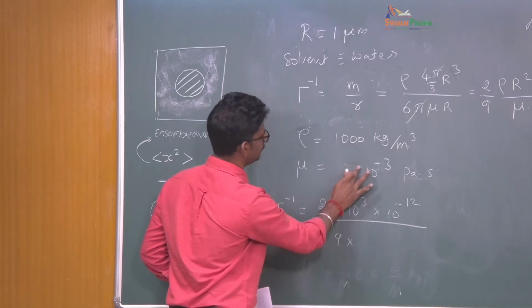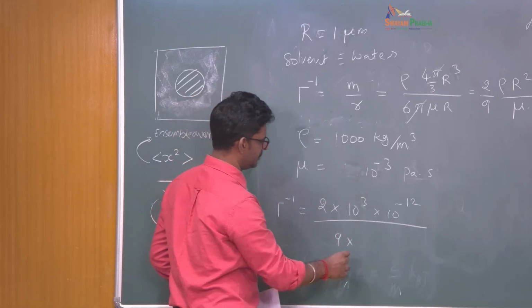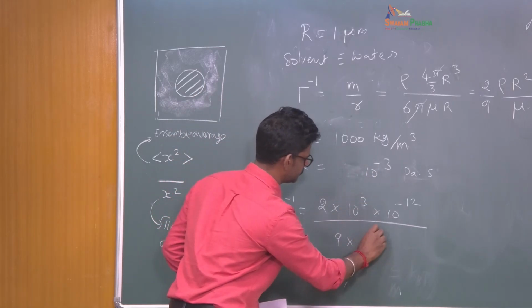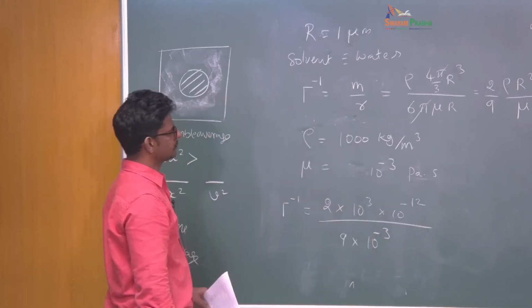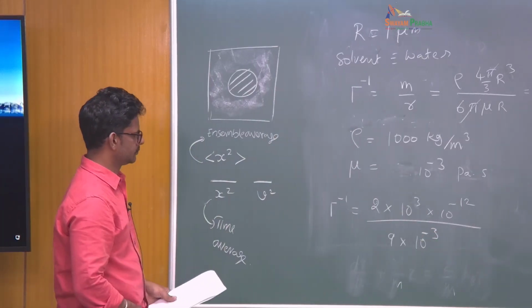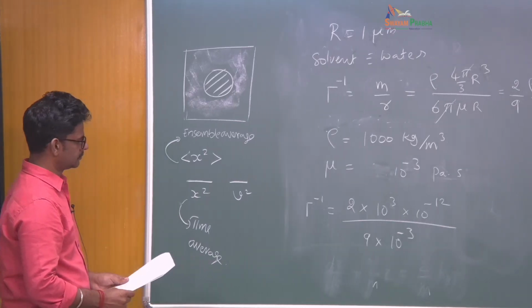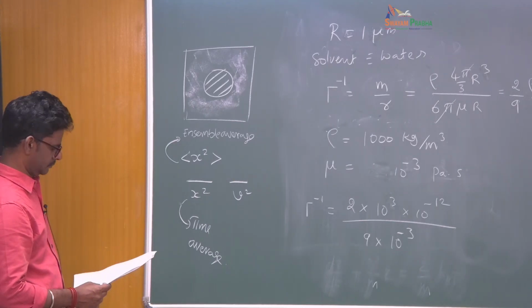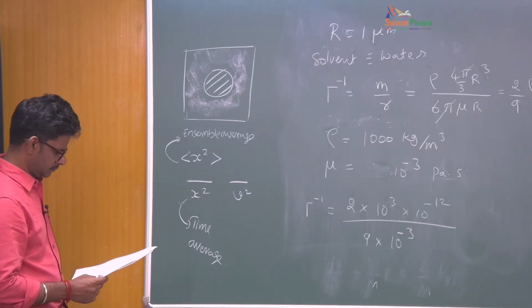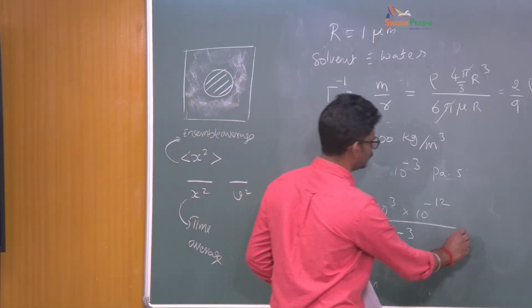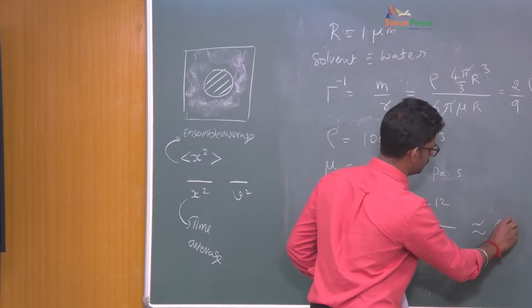Sorry, the viscosity is taken to be 10 power minus 9 minus 3. So this comes out to be about 0.2 microsecond.